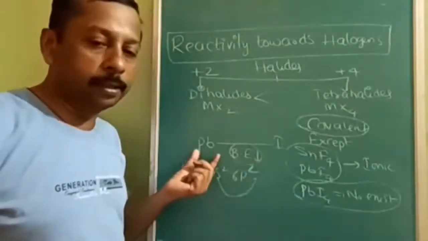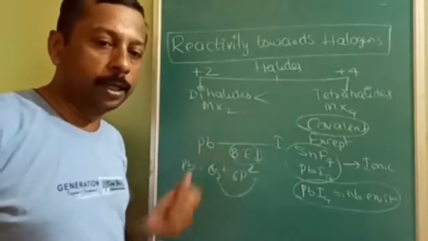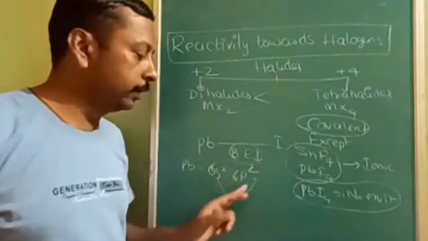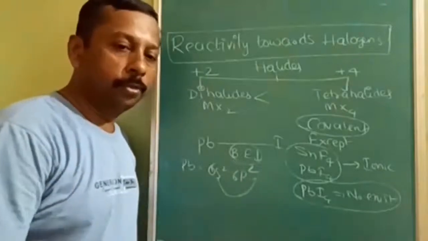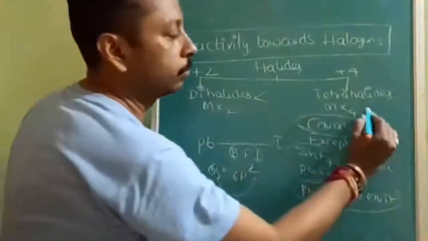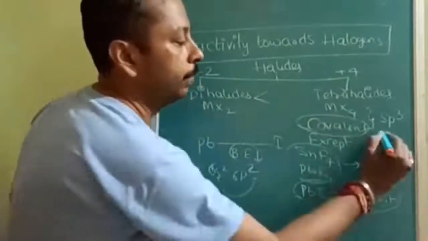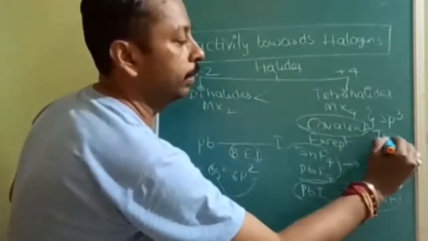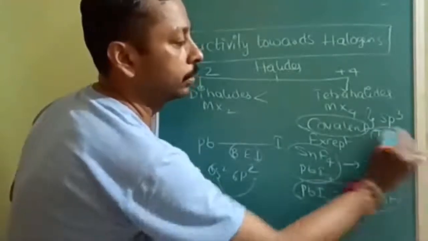Lead is the largest atom, bond length will be more. Bond energy, that is the energy required for excitation, is not sufficient. Is it clear? Any doubt in this? Once it is covalent, it will be sp3 hybridized. sp3 hybridized means it will be tetrahedral. What is it going to be? Tetrahedral structure. Okay.